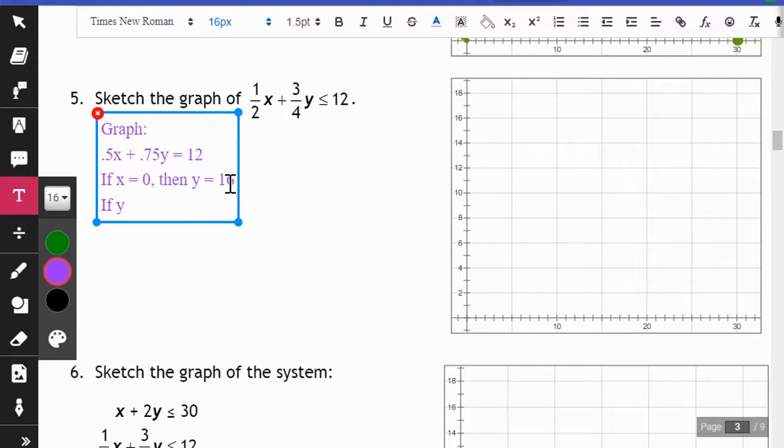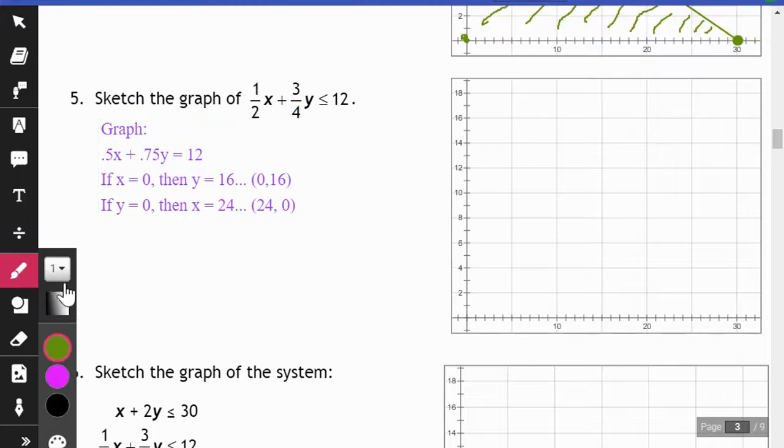And if y equals 0, then x equals, well, that's going to be 24. I promise you that that's right. Okay, so that's going to give me the point 0, 16. This is going to give me the point 24, 0. I'm going to graph those points now.